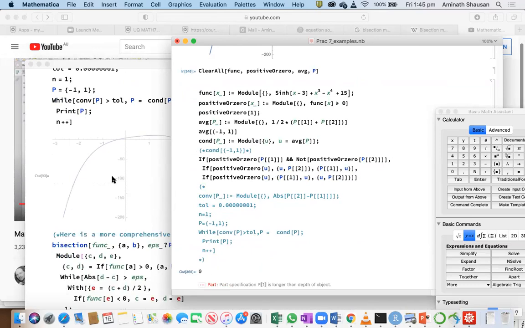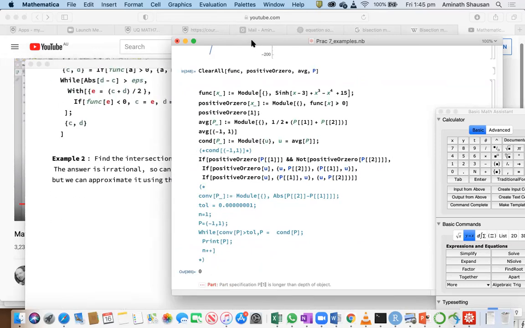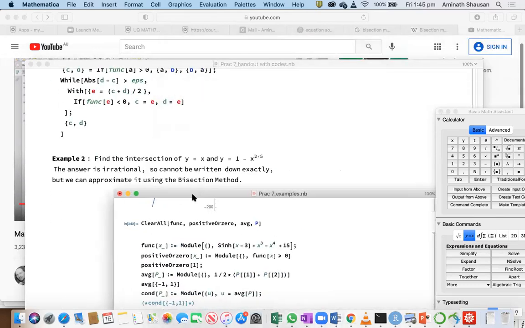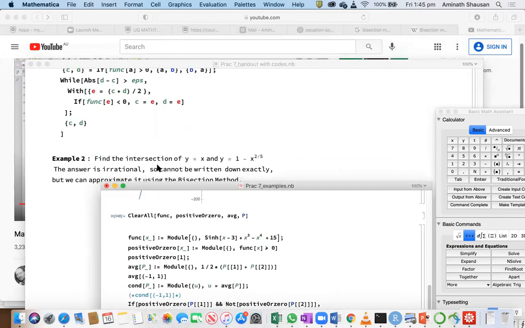If this works properly for you, can you do the second example?